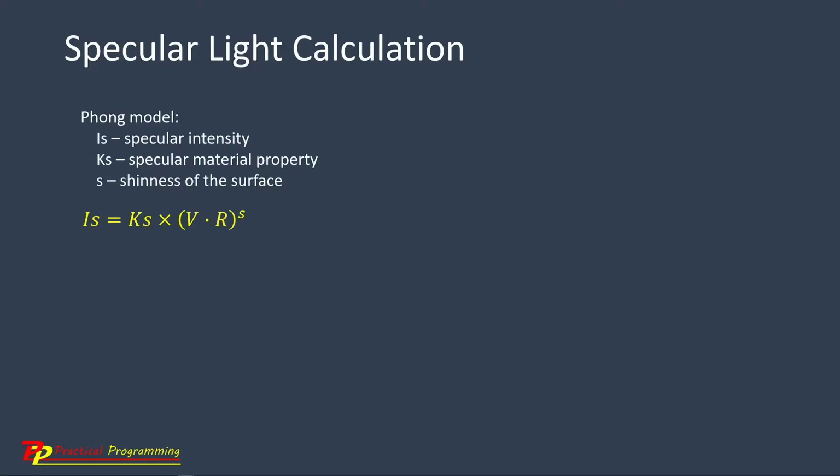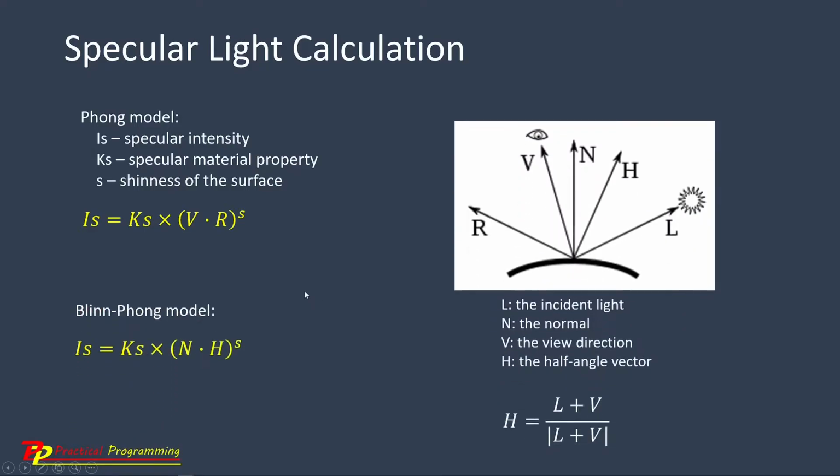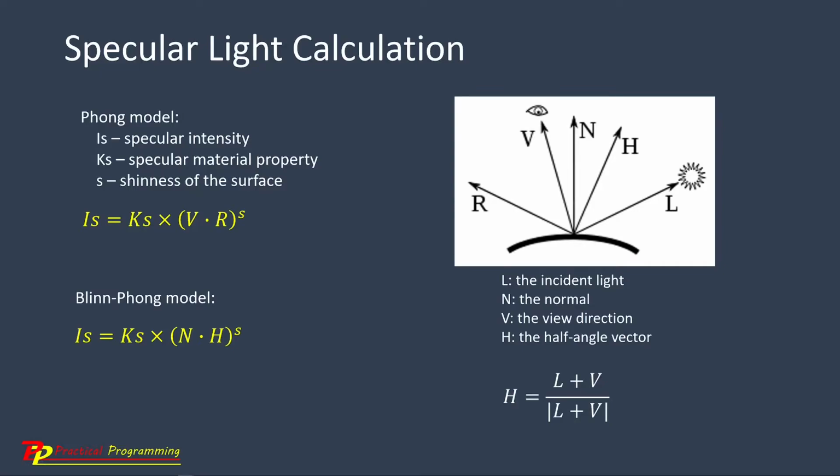In order to overcome this difficulty, we can use the Blinn-Phong model. The Blinn-Phong model uses a different set of vectors for its computation based on the half-angle vector. The half-angle vector is defined by the light direction plus the view direction, normalized. So here is the light direction, this is the view direction.